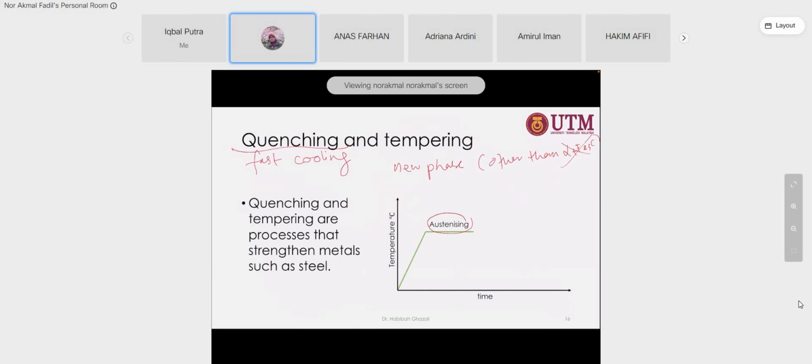So after you obtain austenite, then during the cooling, you can get a new phase.